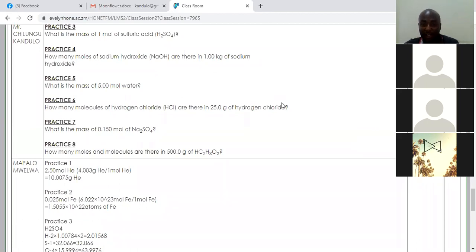So you say 25 grams times, open brackets, 6.022 times 10 to the power 23 molecules of hydrogen chloride over 36.5 grams hydrogen chloride, which is the molar mass. So the grams from the molar mass and the grams from the 25 cancel. Is that okay, Innocent? Yeah, I've understood, sir.